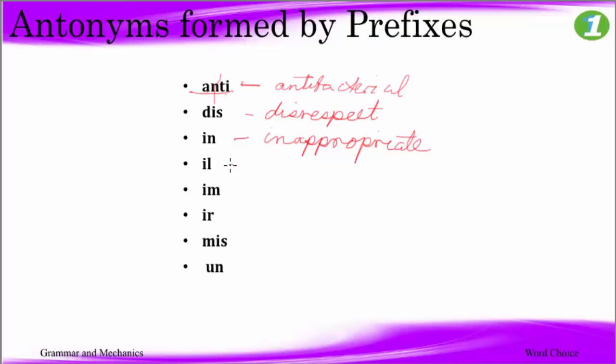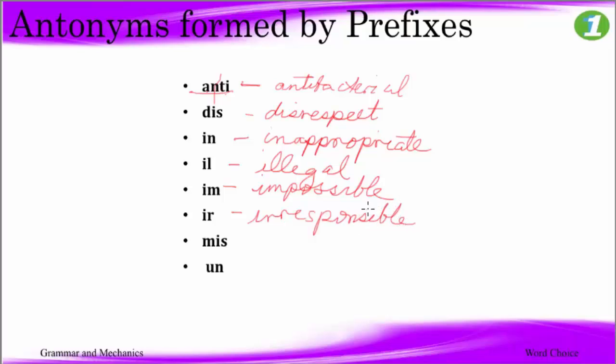For il, illegal. And for im, it could be impossible. Then for ir, irresponsible. An example for mis could be misrepresent. And for un, it could be unclear.